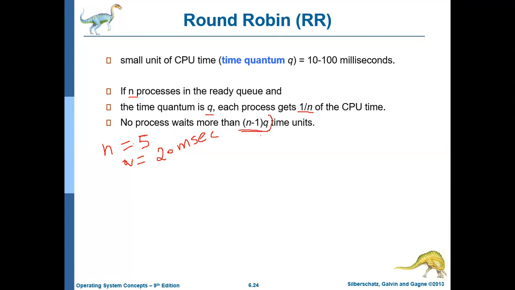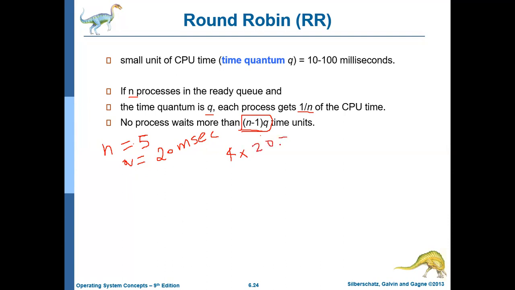What is the maximum time a process may have to wait for the next round of execution? It is just n minus 1 into q. In our case n is 5, so n minus 1 is 4, and 4 into 20 is 80 milliseconds.